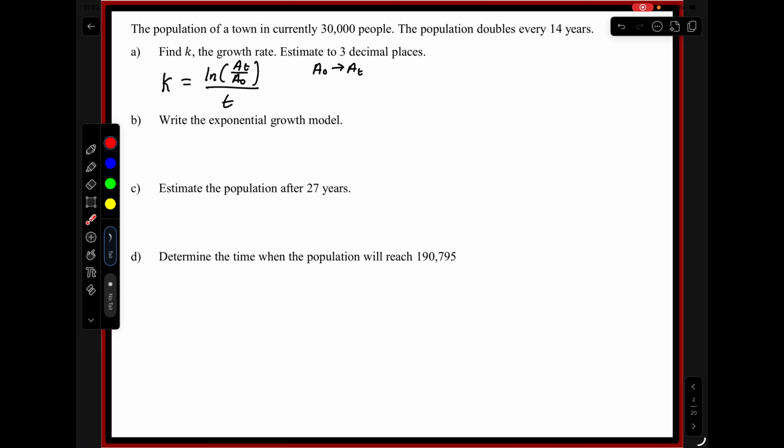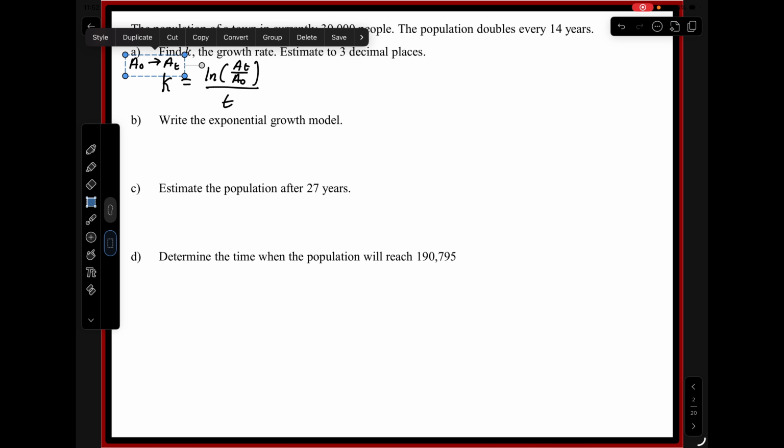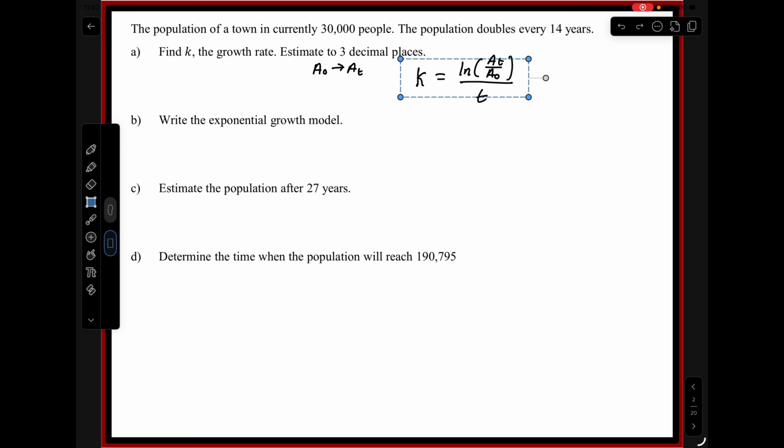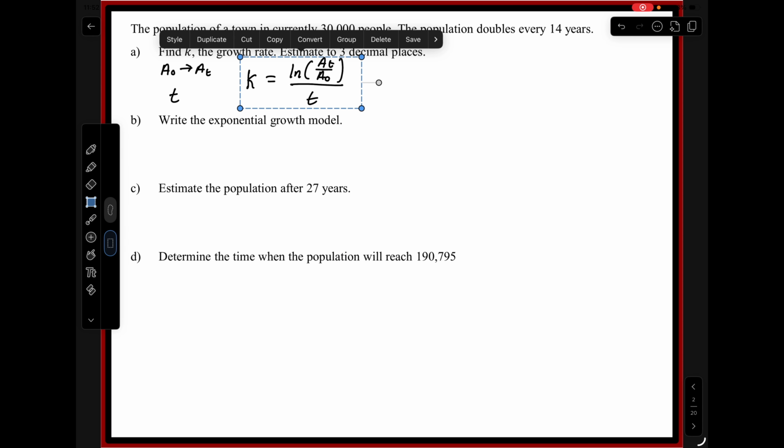Let me move this over here. So we determine the value of K by doing this. We look at how much we start with, how much we finish with, and divide that by the time it takes us to do that, using natural log.